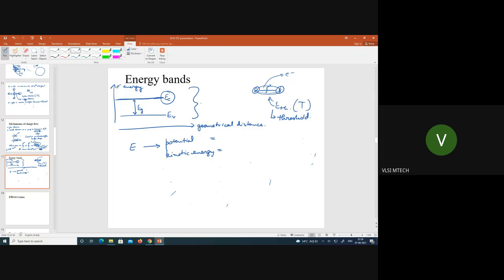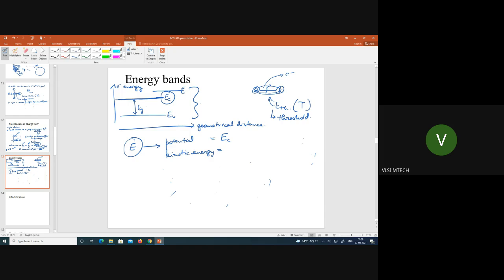Now, if it has an energy, which is say somewhere here, which I denote by this E, then EC is the potential energy of that electron, because it's this sort of minimum threshold energy that the electron has to have. Okay, it's a consequence of the lattice structure and the confinement that the electron is in.